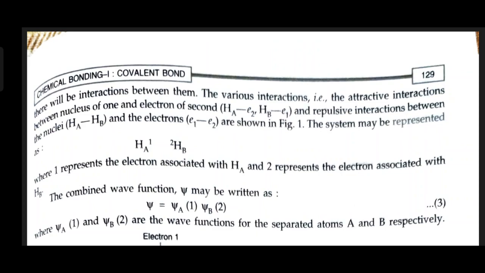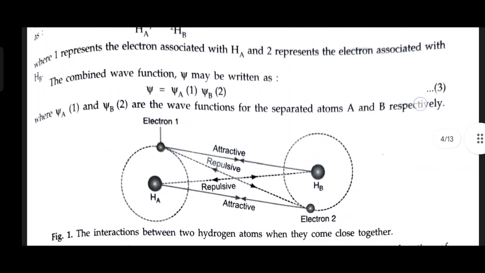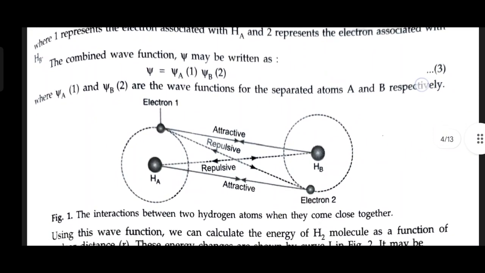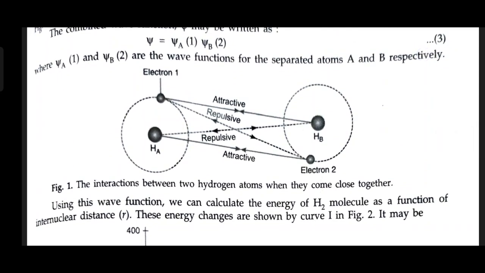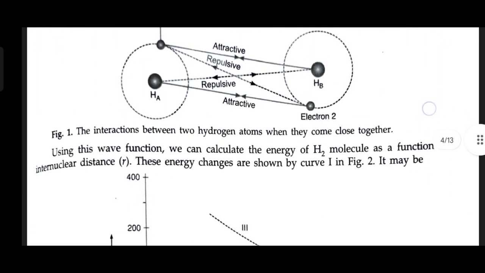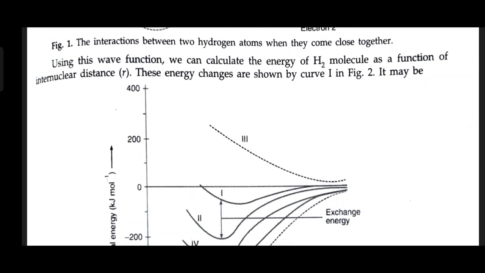This system may be represented as Ha(1) Hb(2), where 1 represents the electron associated with Ha and 2 represents the electron associated with Hb. The combined wave function psi may be written as psi equals psi A(1) into psi B(2), where psi A(1) and psi B(2) are the wave functions for the separated atoms A and B respectively.